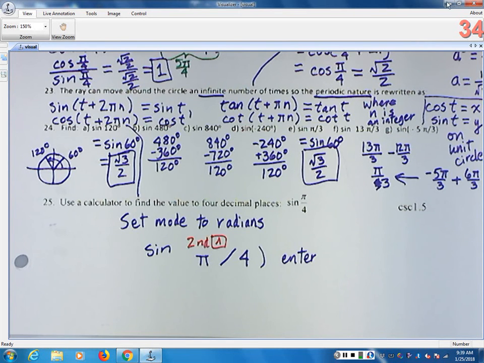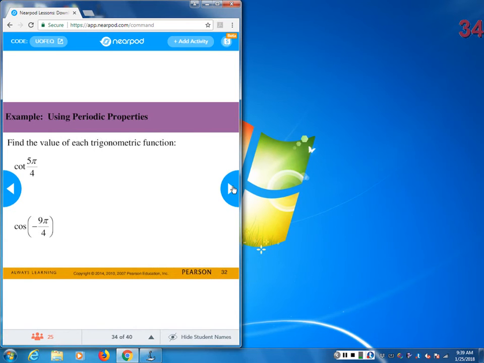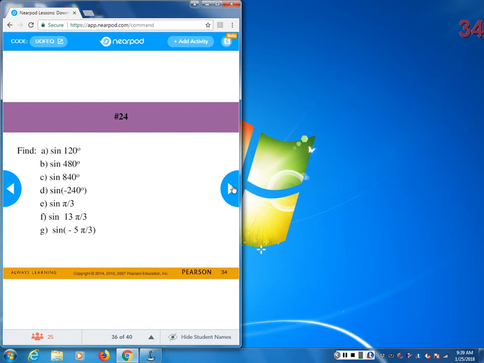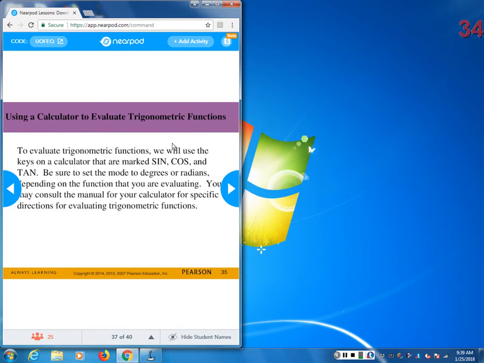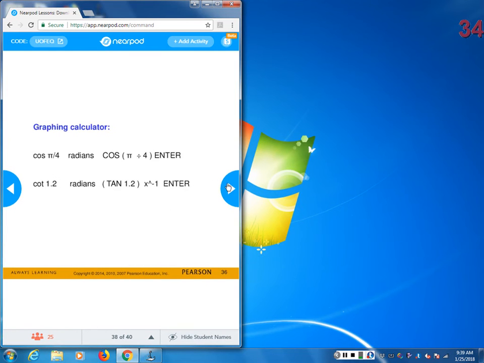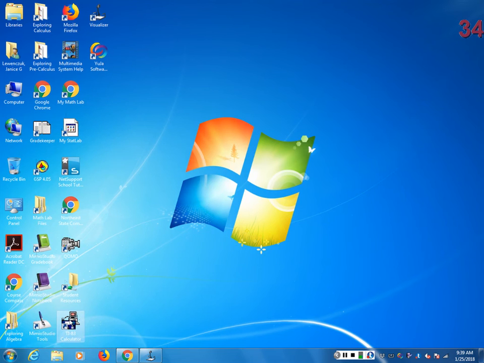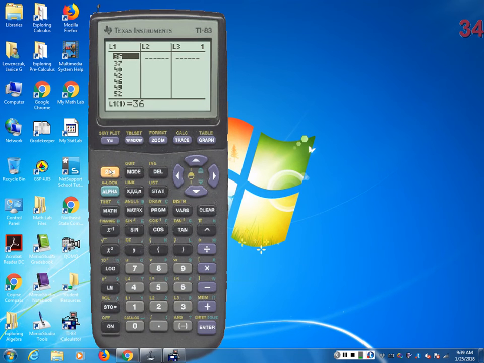So you have to have your mode set to the correct thing. If it's degrees, set it to degrees. If it's radians, set it to radians. Otherwise, you get the wrong answer. So bring the calculator up. Second quit. Clear.